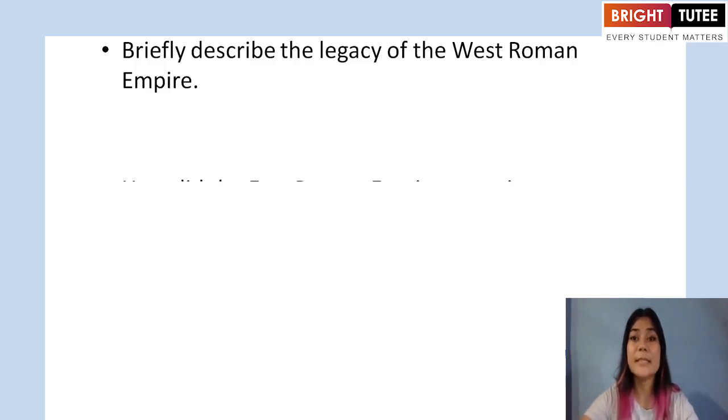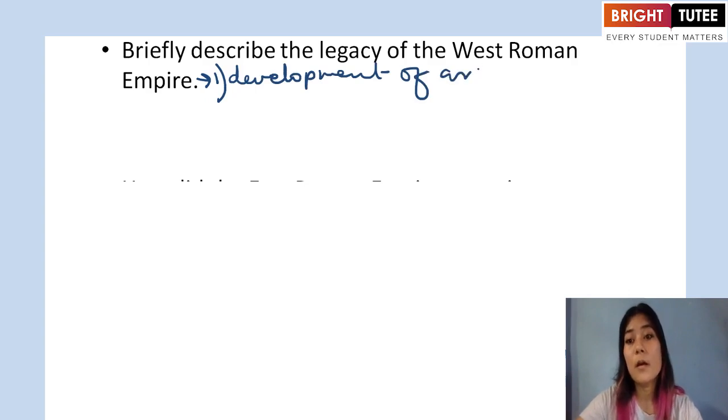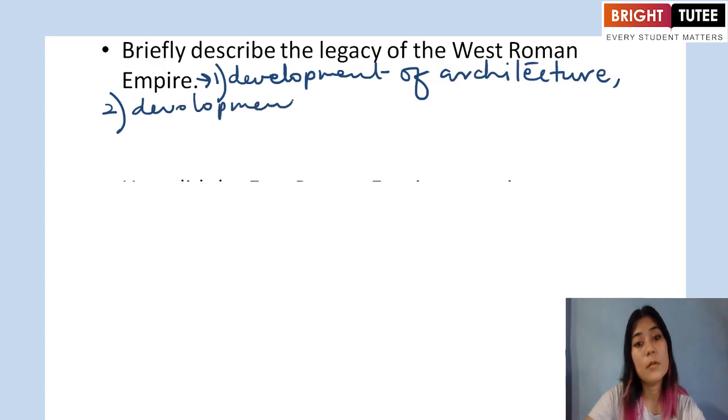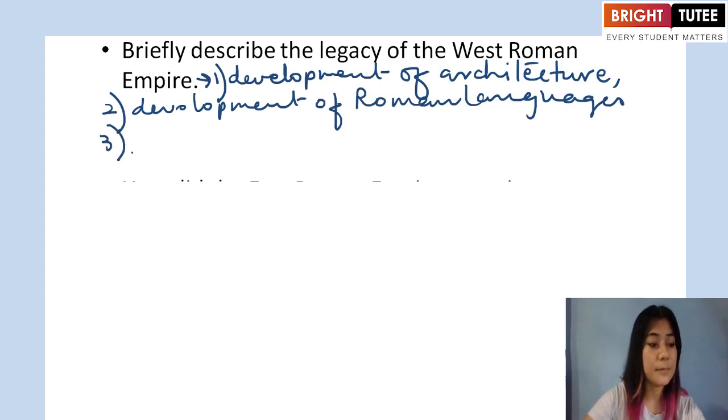Briefly describe the legacy of the West Roman Empire. Number 1. Development of architecture. Number 2. Development of Roman languages. Number 3.